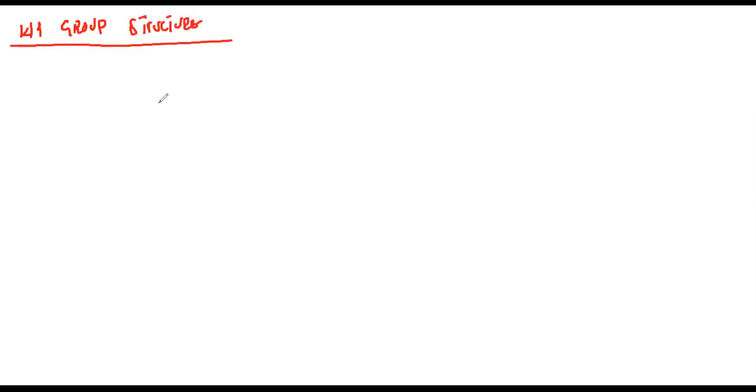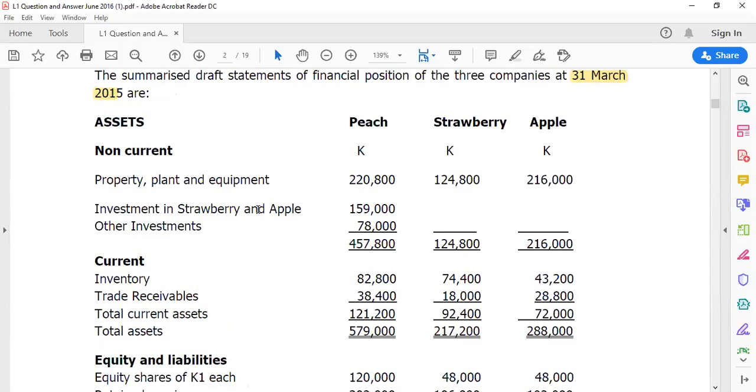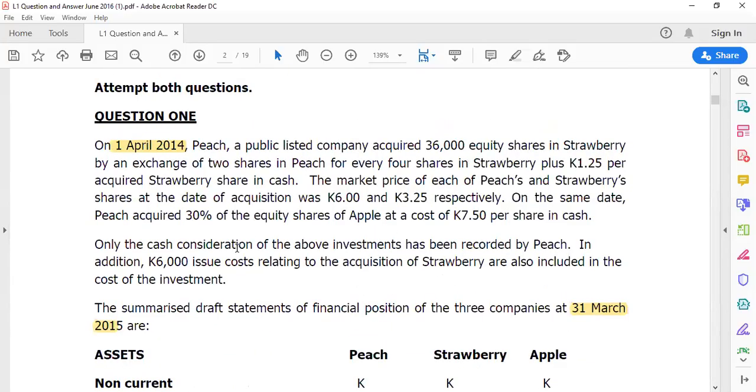Now, remember, we've got three items in this one. So let's go back to the question and make our group structure. There we go. Now we have something that we can talk about. We've got this beautiful paragraph here.